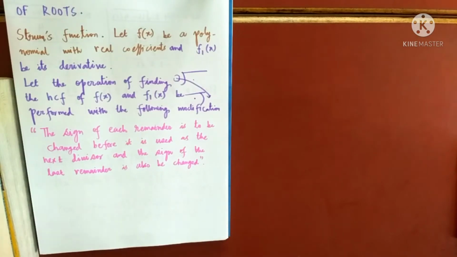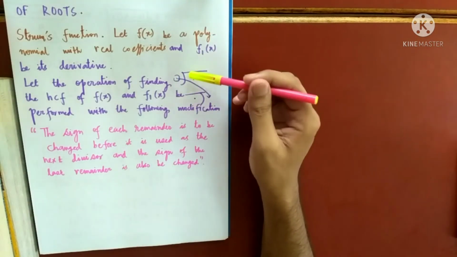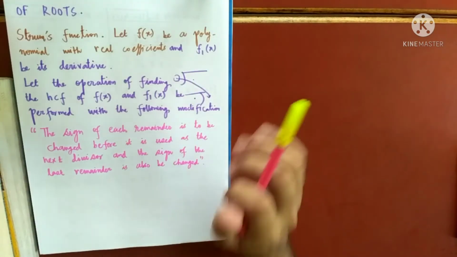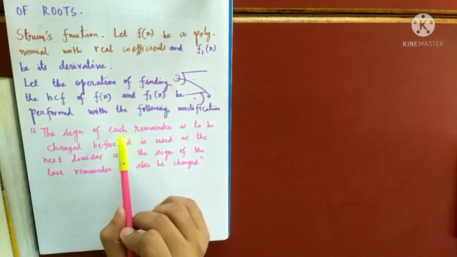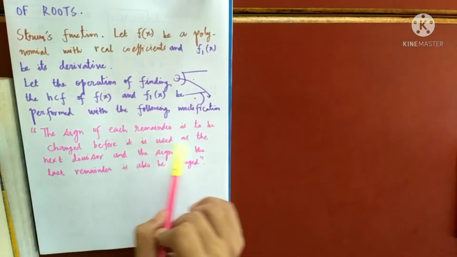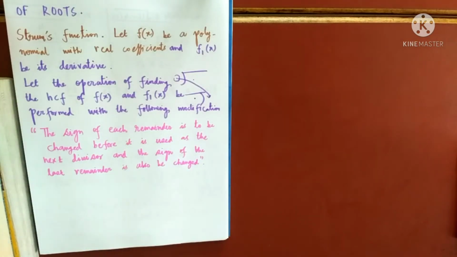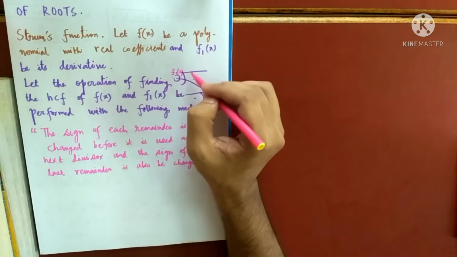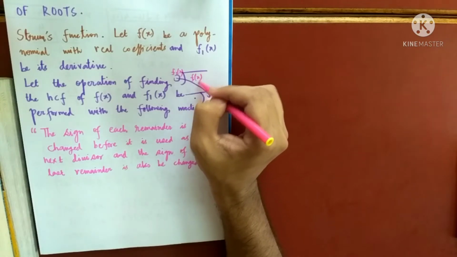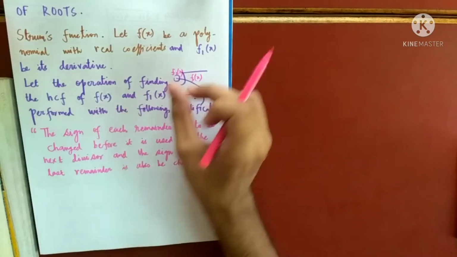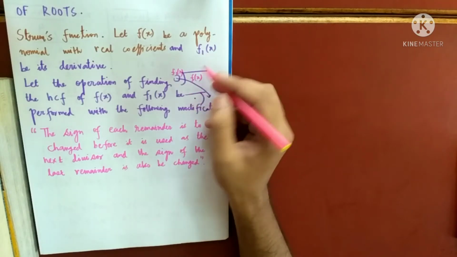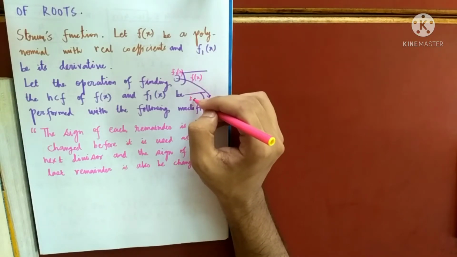What Sturm said is that you perform this long division only, but with some slight modification. The sign of each remainder is to be changed before it is used as the next divisor. So this is your f1(x), the derivative, and this is your polynomial. You are performing the HCF, and you will get some remainder here. Suppose I am taking the remainder here, r1(x).